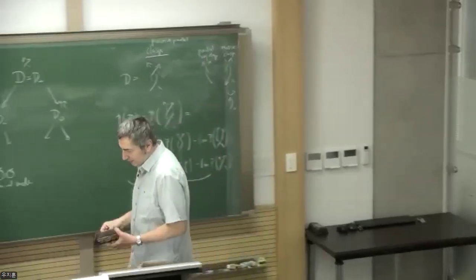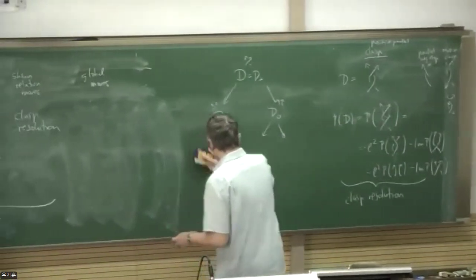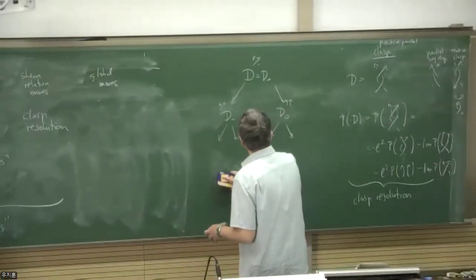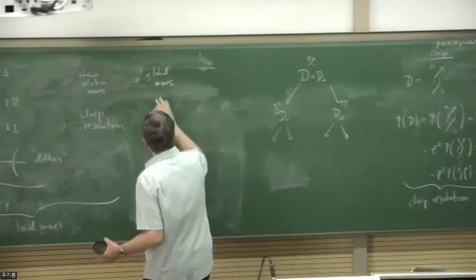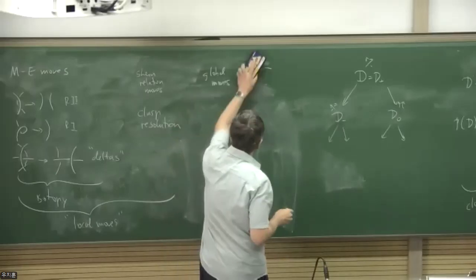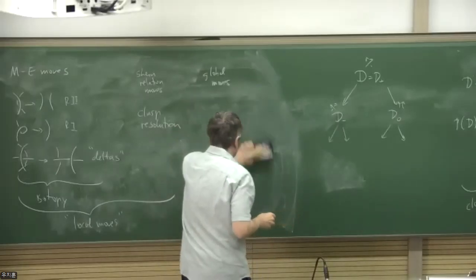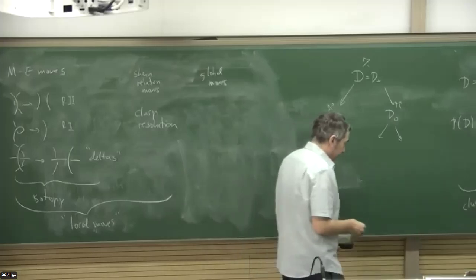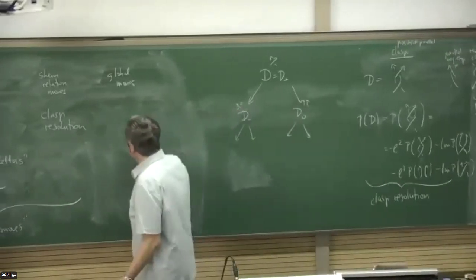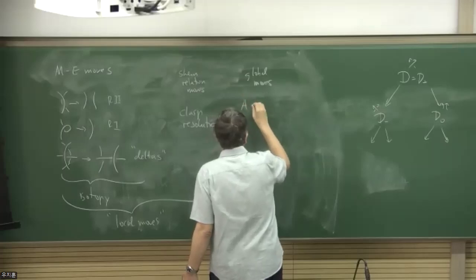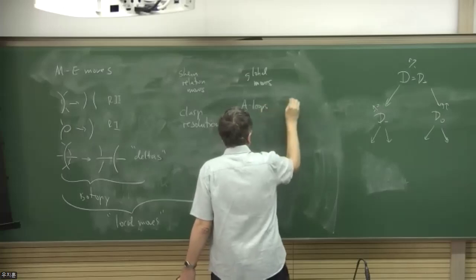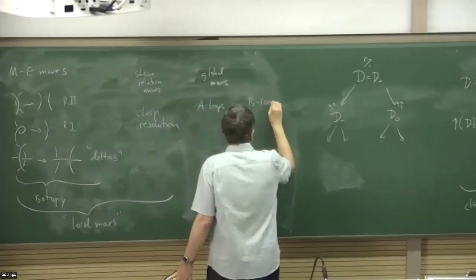And so Millett-Ewing observed the following. Whenever you have a diagram, then there are always, I think they call them type A or type B loops, but look into their paper. So let's say I call them A loops and B loops. Okay.